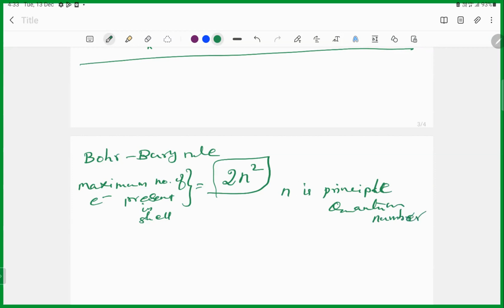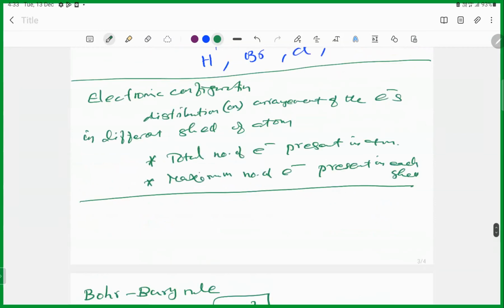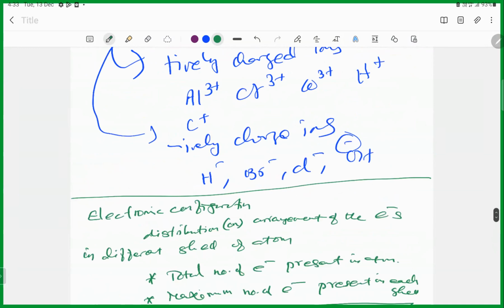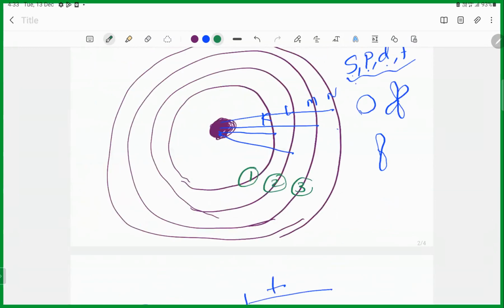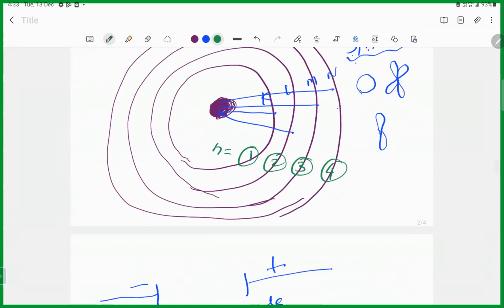This is the first shell, this is the second, this is the third, this is the fourth. That means n is equal to 1, n is equal to 2, n is equal to 3, and n is equal to 4. Shall we proceed?